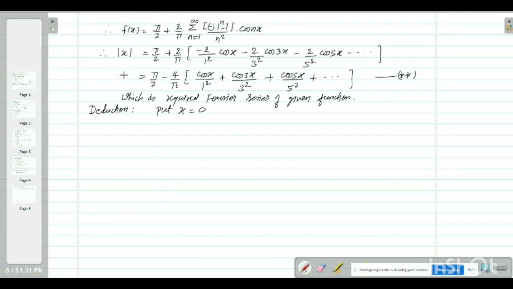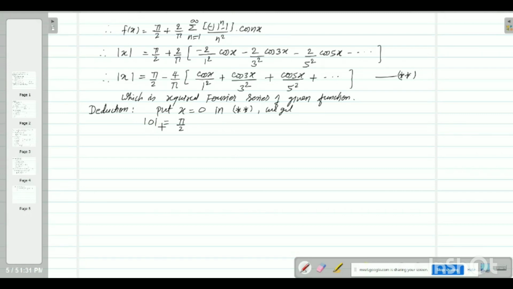So here you will get mod of 0, and this is equal to pi by 2. Where do we have to put it? We have to put it in equation number double star. So here this is mod of x, and instead of x we put 0.